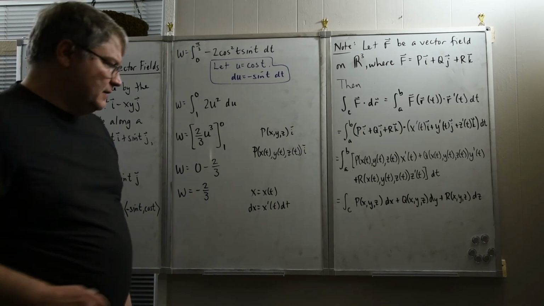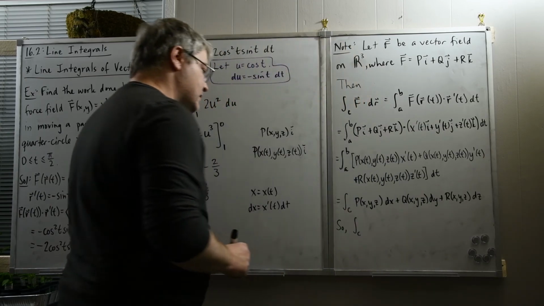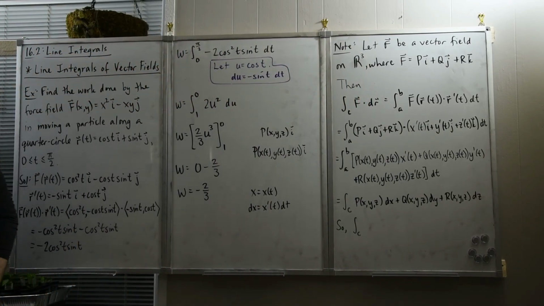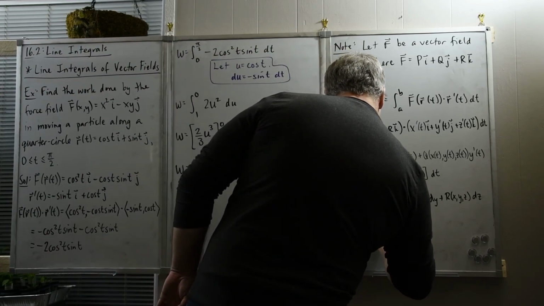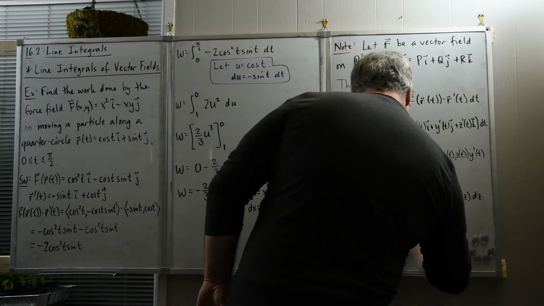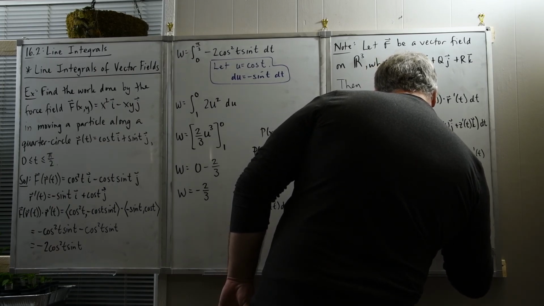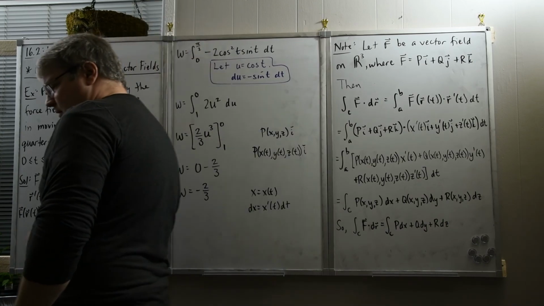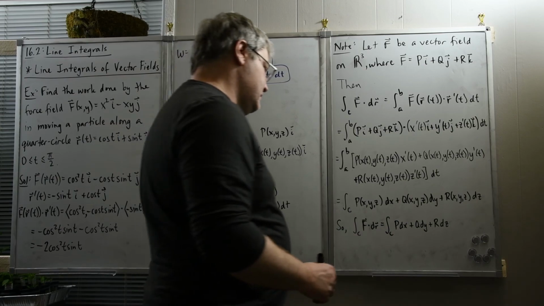So that means the line integral of F along C is the line integral of P dx plus Q dy plus R dz along C. It's just that F is going to be Pi plus Qj plus Rk.